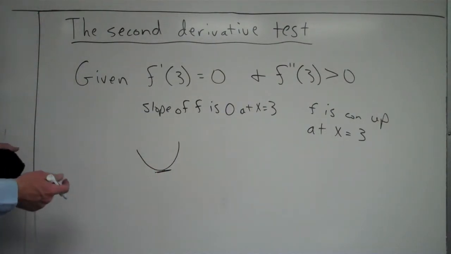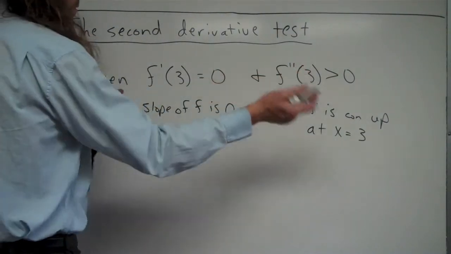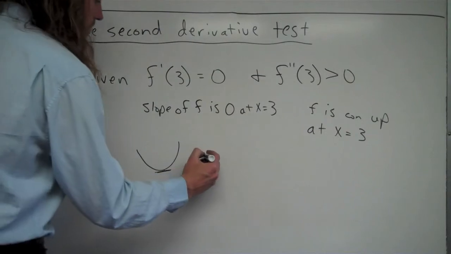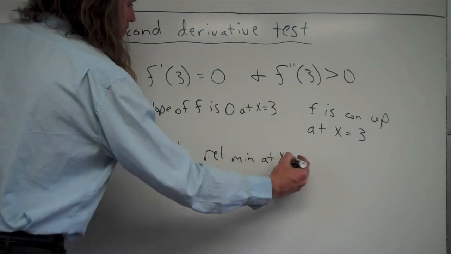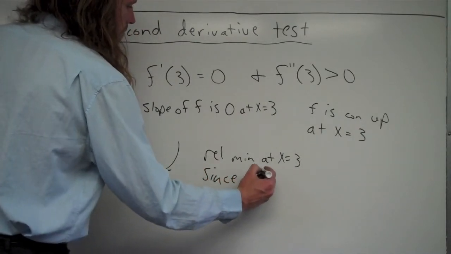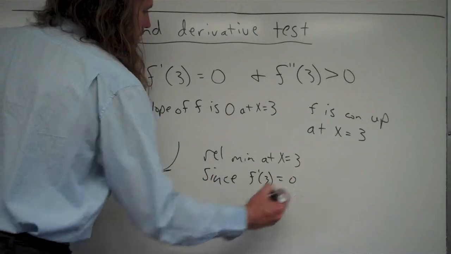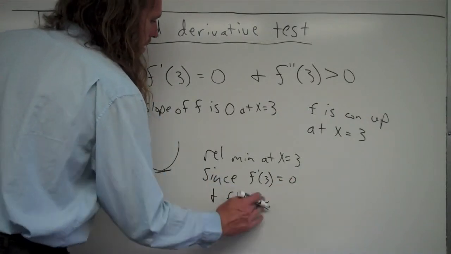So we would be dealing with then a relative min. If this were the case versus what I just had a second ago, there would be a relative min at x equals 3, and that would happen since f prime of 3 is equal to 0 and f double prime of 3 is greater than 0.